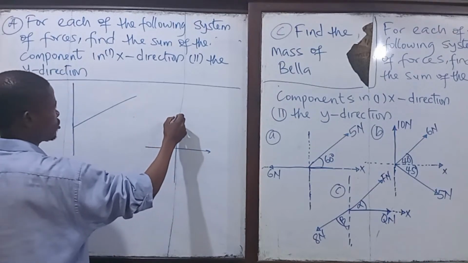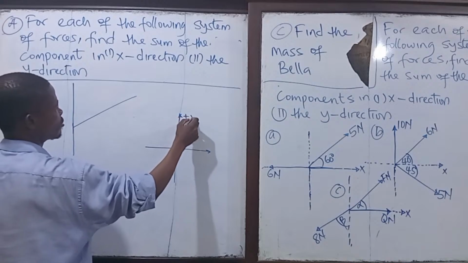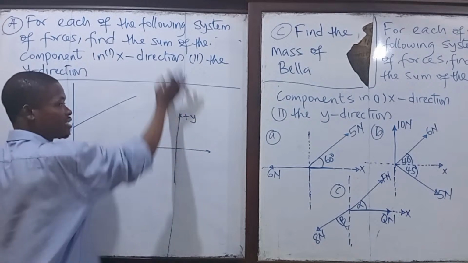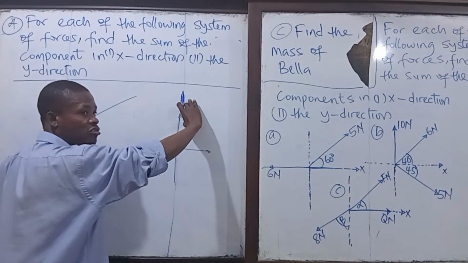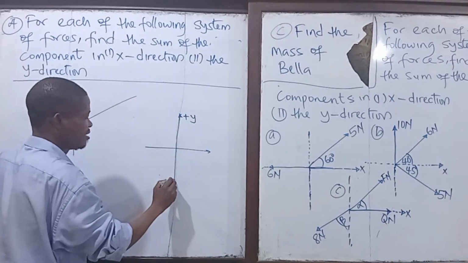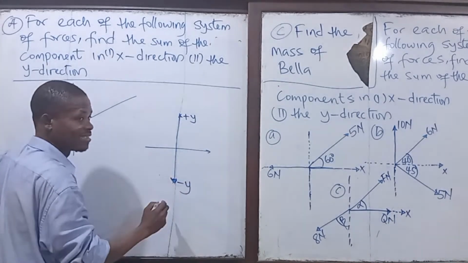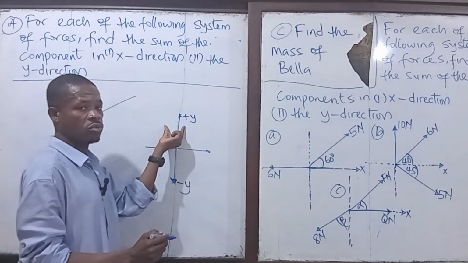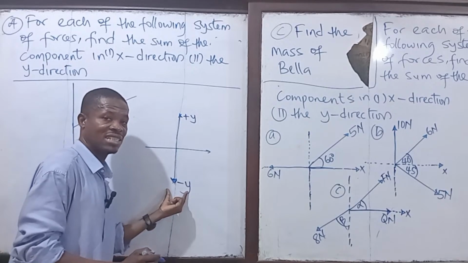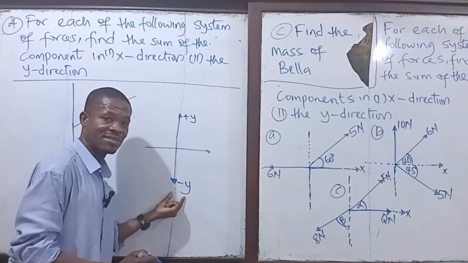We are going to take into consideration the direction of plus y. Anything on vertical will take a plus, will be positive. Anything that is downward will be considered negative. This is vertically upward. Vertically downward will be considered negative.